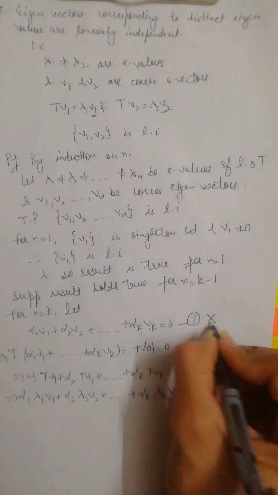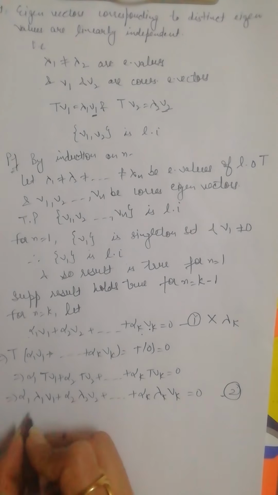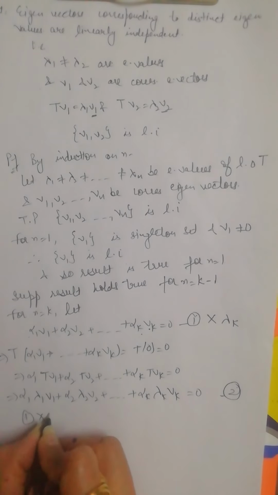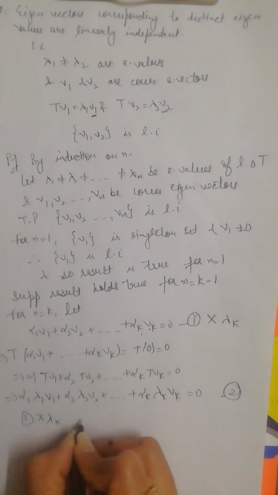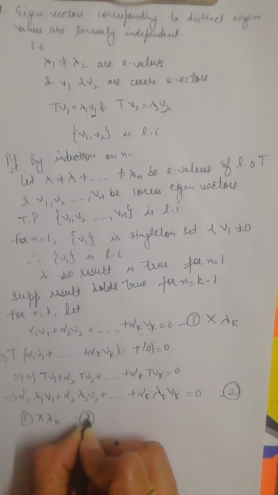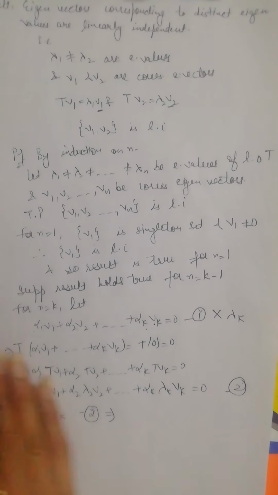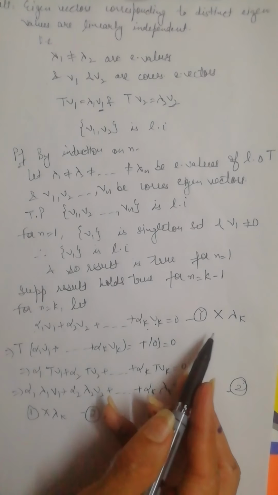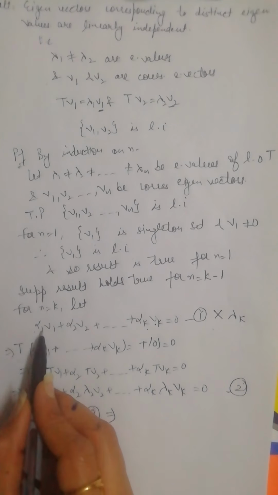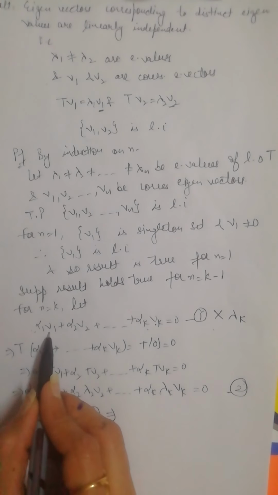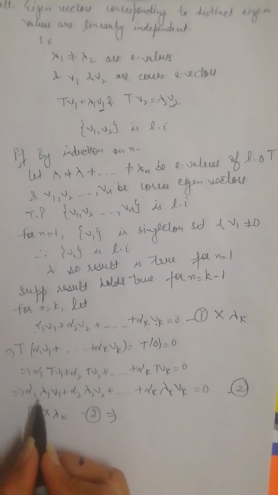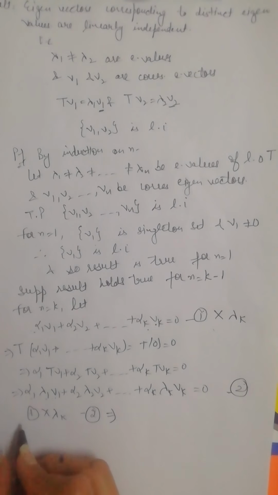Multiply equation 1 by lambda k and subtract equation 2. This implies alpha 1 multiplied by lambda k, the first term will be alpha 1 lambda k v1. The first term in equation 2 is alpha 1 lambda 1 v1.